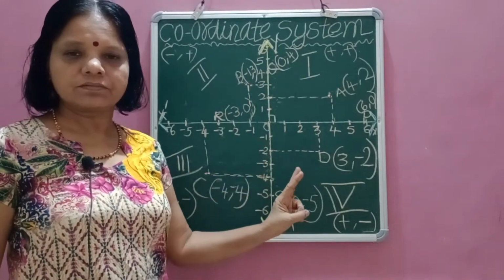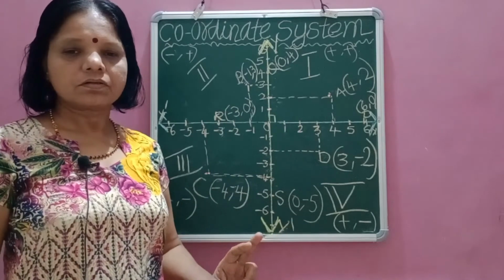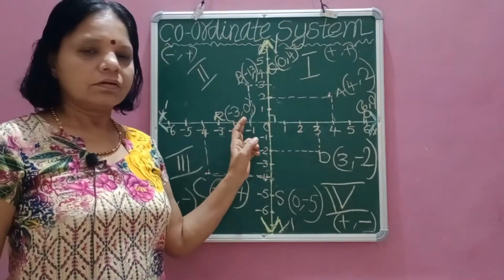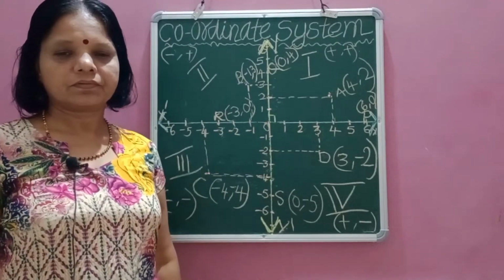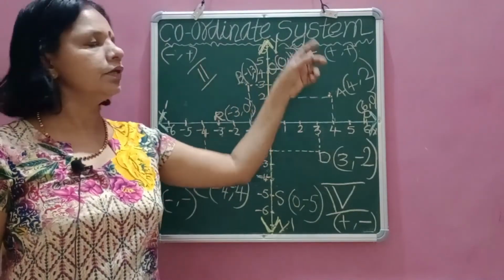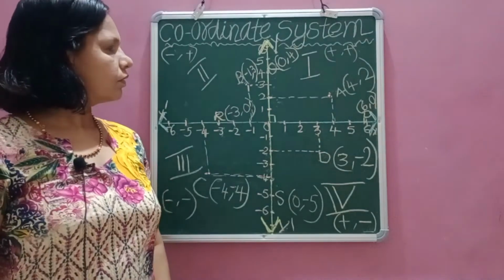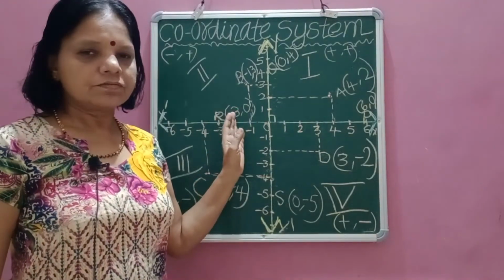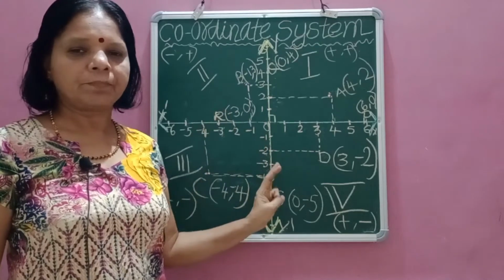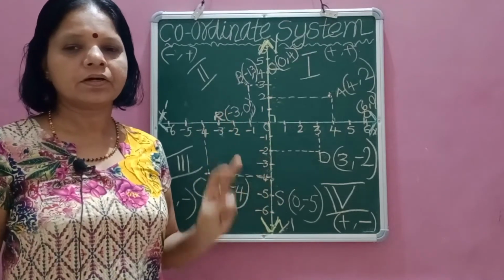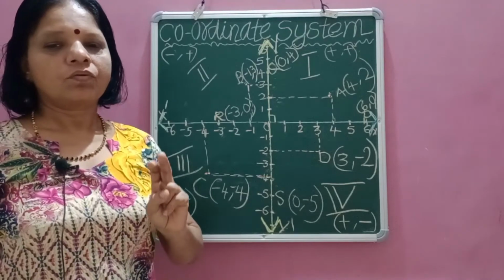Two number lines perpendicular to each other, intersecting at the origin in a plane, make the coordinate system. Understood? There are two perpendicular number lines intersecting at origin.